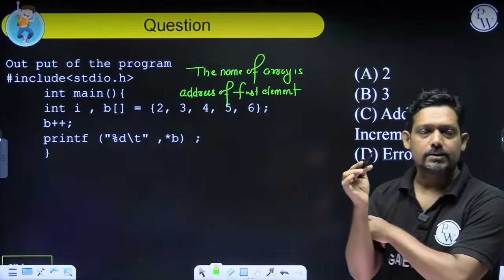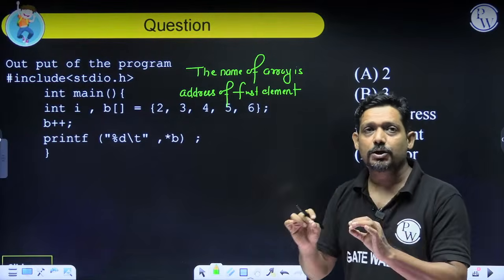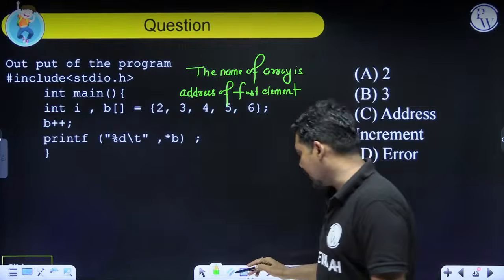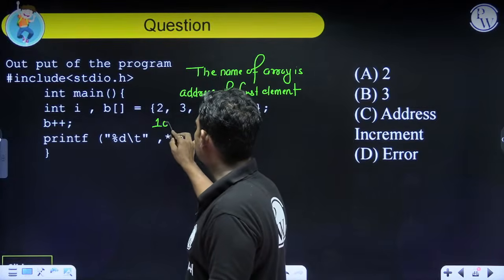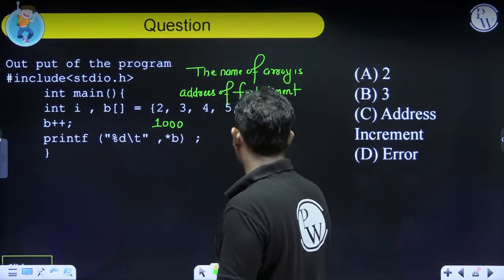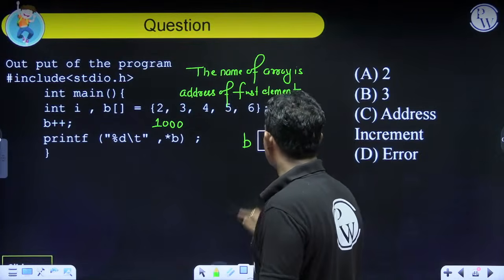You understand this? Suppose I take this address as 1000. One way of understanding, B value is 1000.